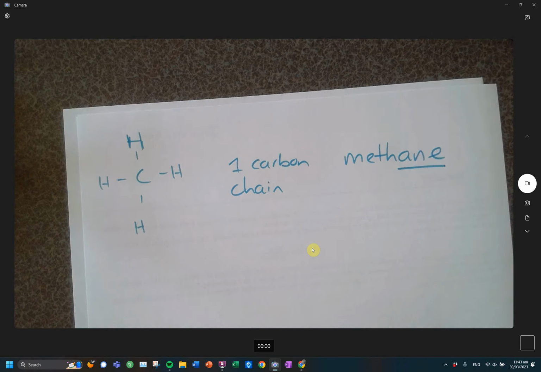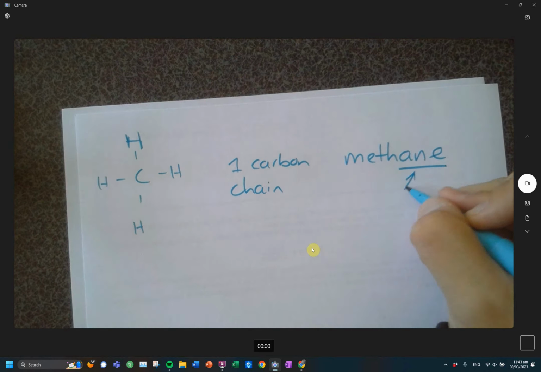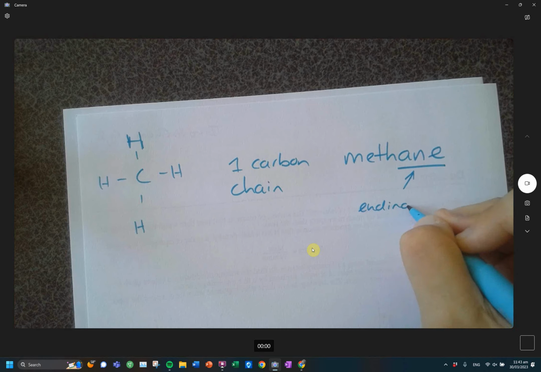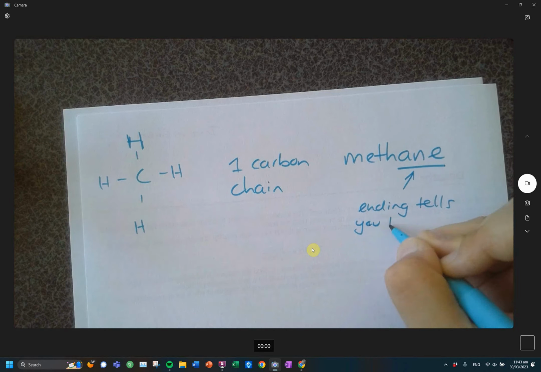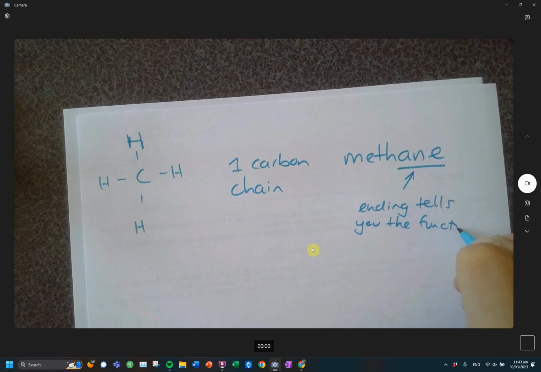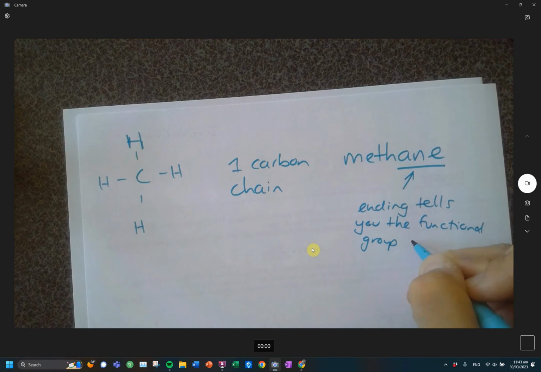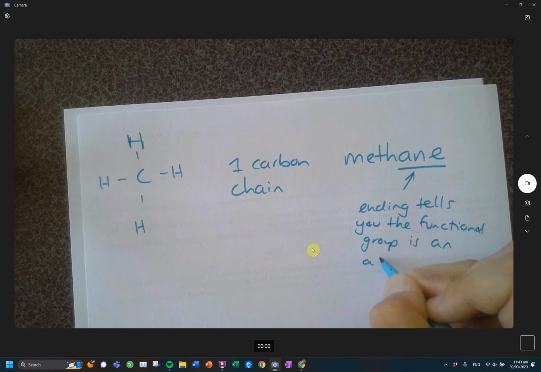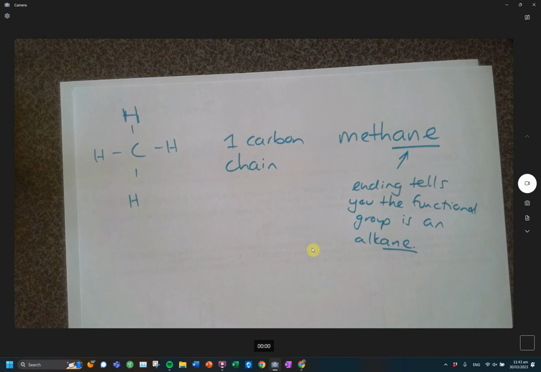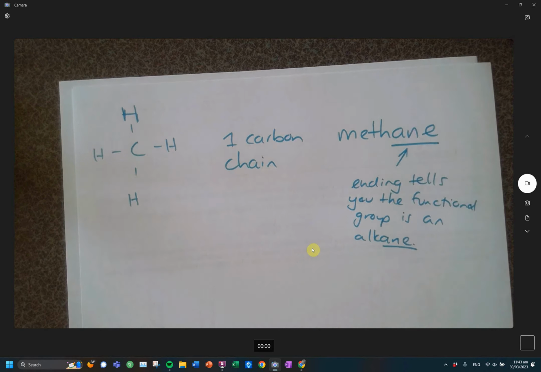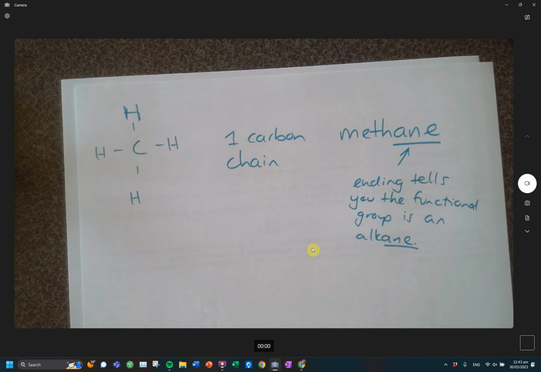The A-N-E ending tells you the functional group is an alkane, which makes sense. A-N-E, A-N-E. So if I see methane, that's just telling me alkane.